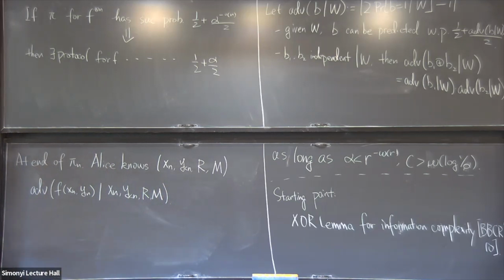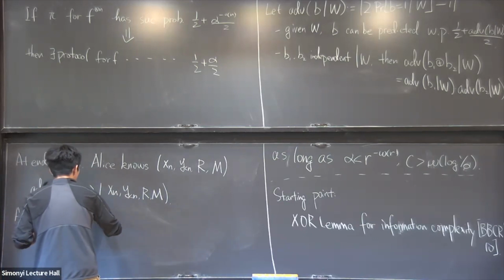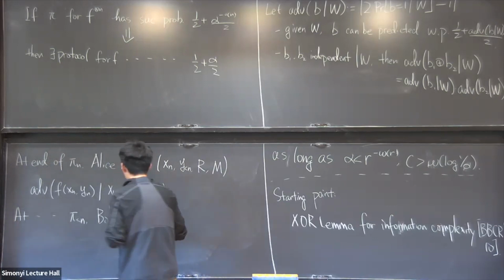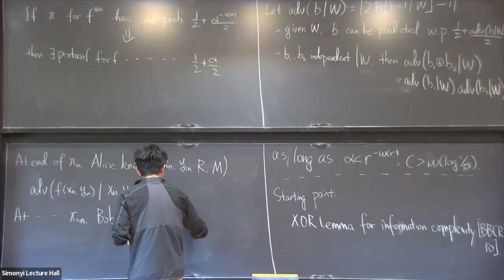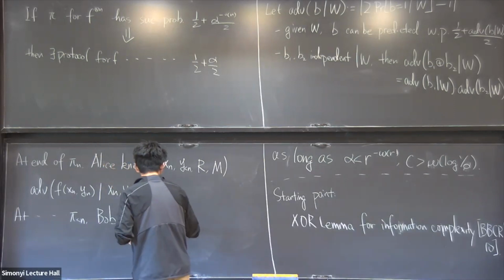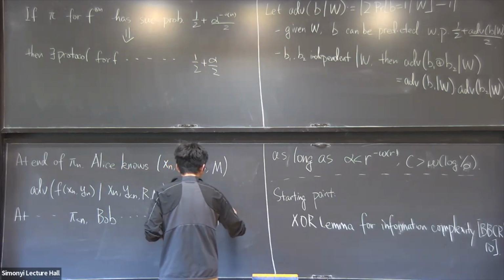Then let's also do a similar analysis for the other protocol, but from Bob's perspective. Let's say at the end of pi smaller than n, if we let Bob predict the output, what is the advantage he has? Again, what does Bob know? Bob knows his input y smaller than n, and the publicly sampled x n, as well as the public random bits r, and also the transcript m.